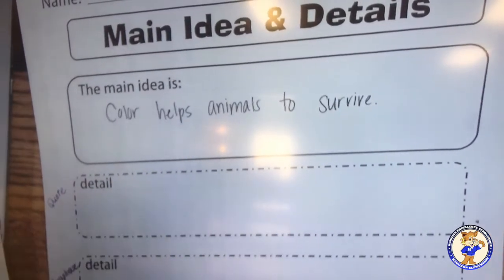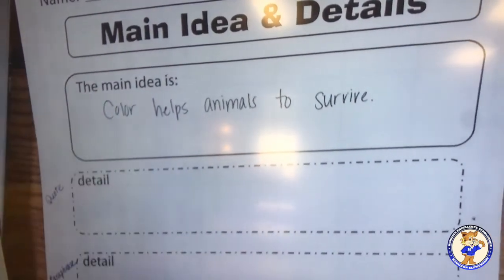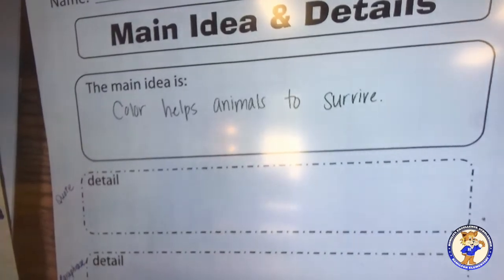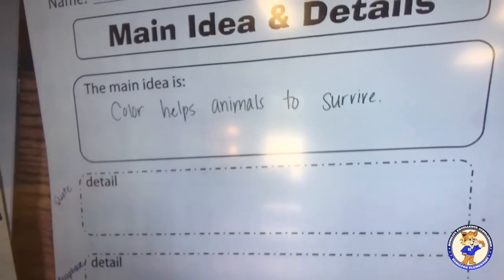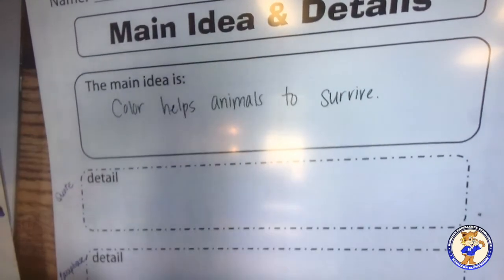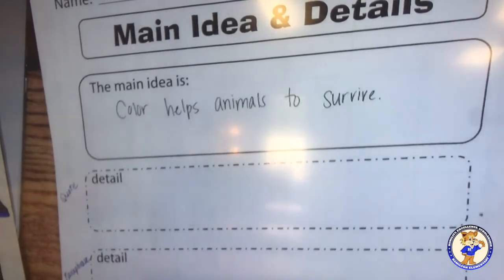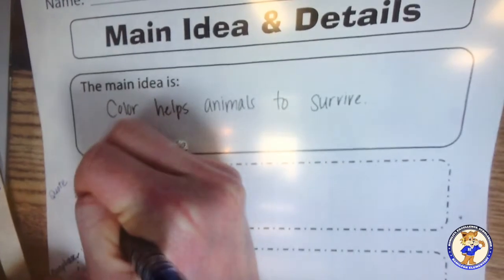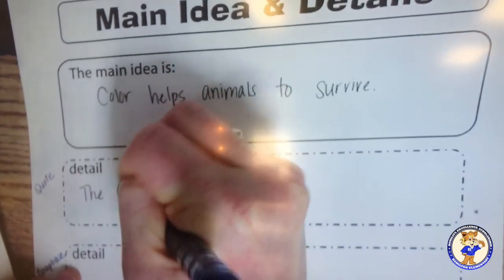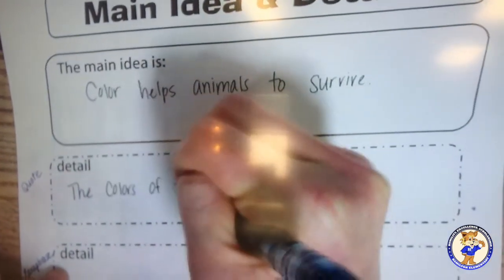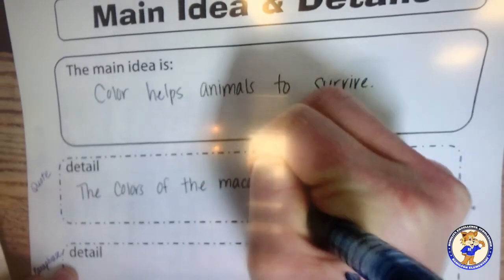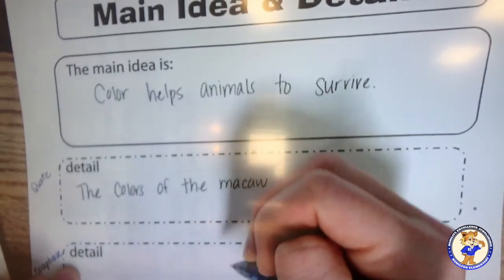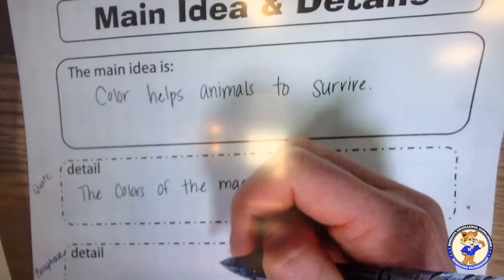So I'm gonna think, how could I put that in my own words? And a good paraphrase is going to keep the main idea, but it's gonna change up some of the words. So let's see. The colors of the macaw help her hide from predators is what the text says.